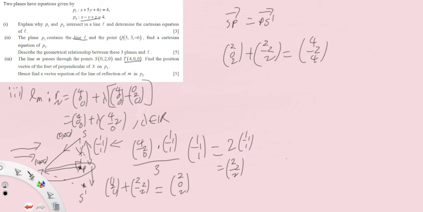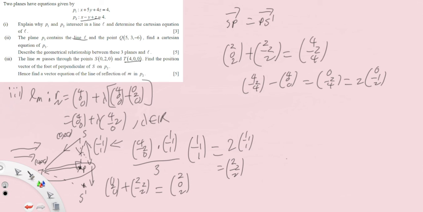Then we know that that's the position vector on the new line of reflection. We know that T is still on the new line. So finding the new direction vector, (4, -2, 4) minus point T, which is (4, 0, 0), simply equals (0, -2, 4), which is 2 times (0, -1, 2).